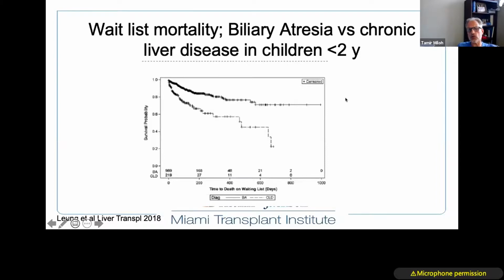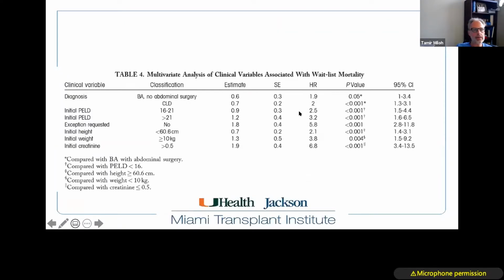And if you compare biliary atresia, which is the most common indication for transplant, to other chronic liver diseases, you can see that actually the survival of children with biliary atresia is superior. So other diagnoses have a higher likelihood of death on the wait list.